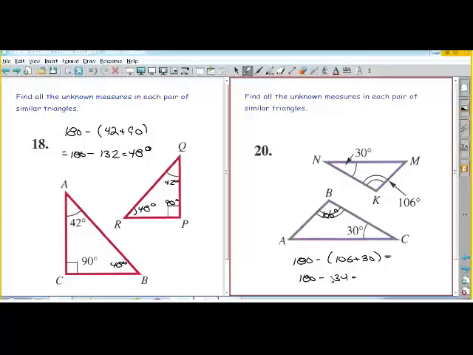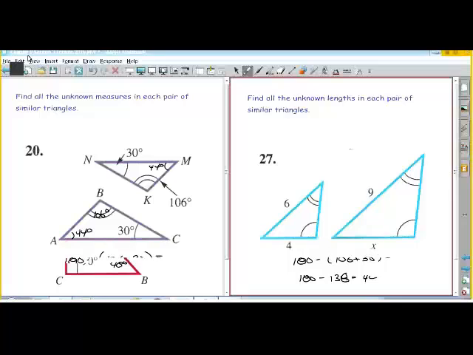So you get 180 minus 136, which is 44. So this angle is 44 degrees. So that's all. We're just dealing with the angles of similar triangles. Now we're going to deal with lengths in a second.